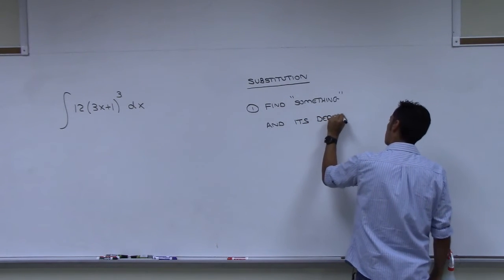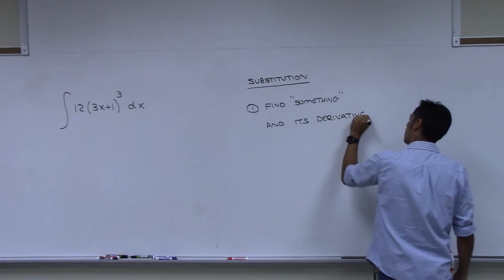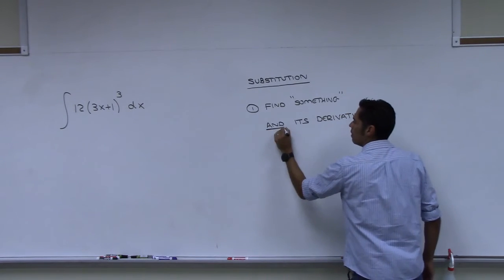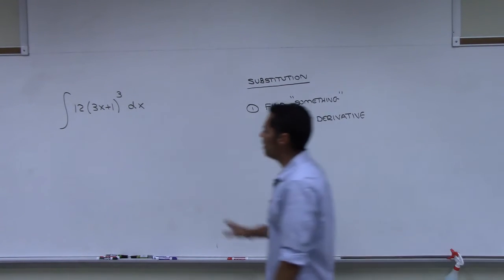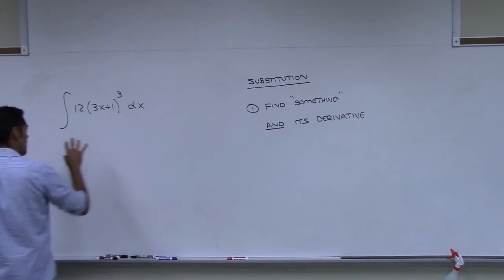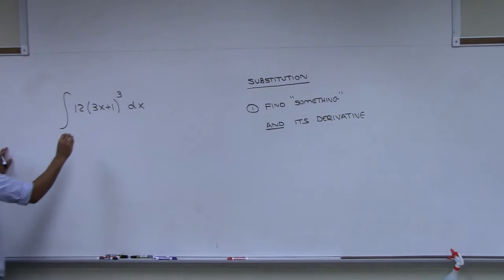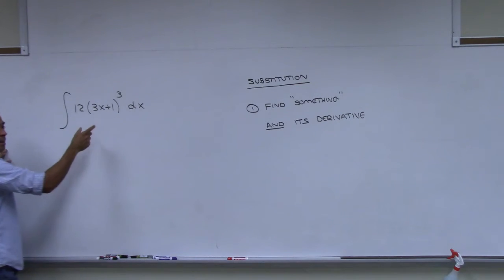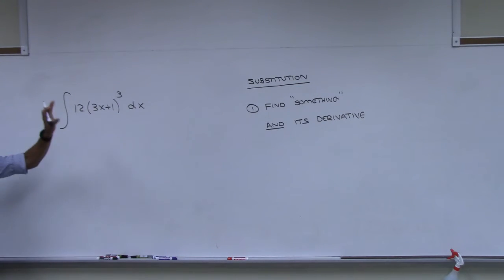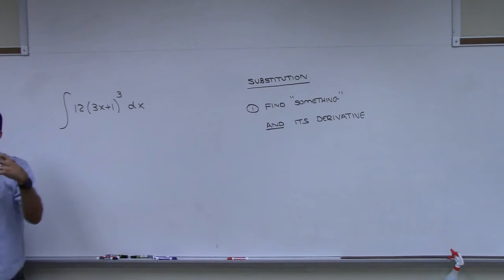I know this sounds weird. What am I talking about? Find something and its derivative. You need to look at the problem and see if you can see something in it, and at the same time, somewhere else in the problem, see its derivative.